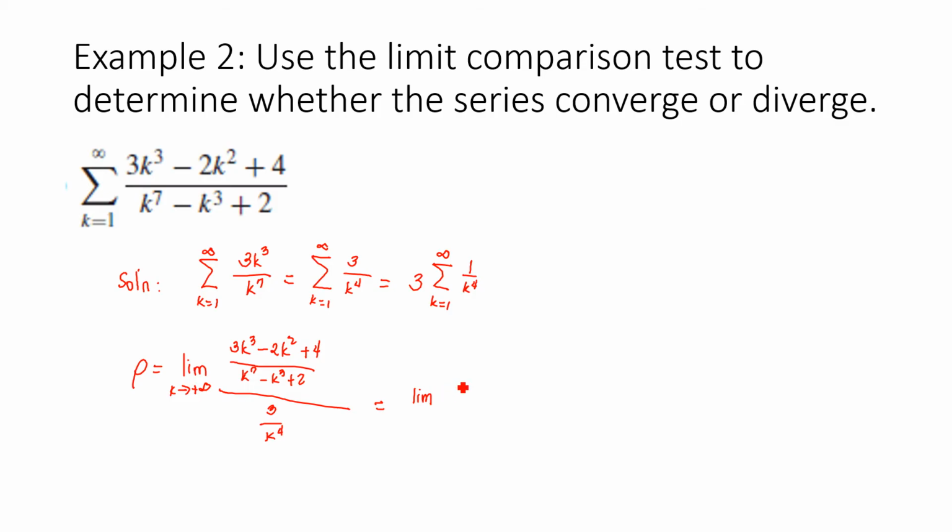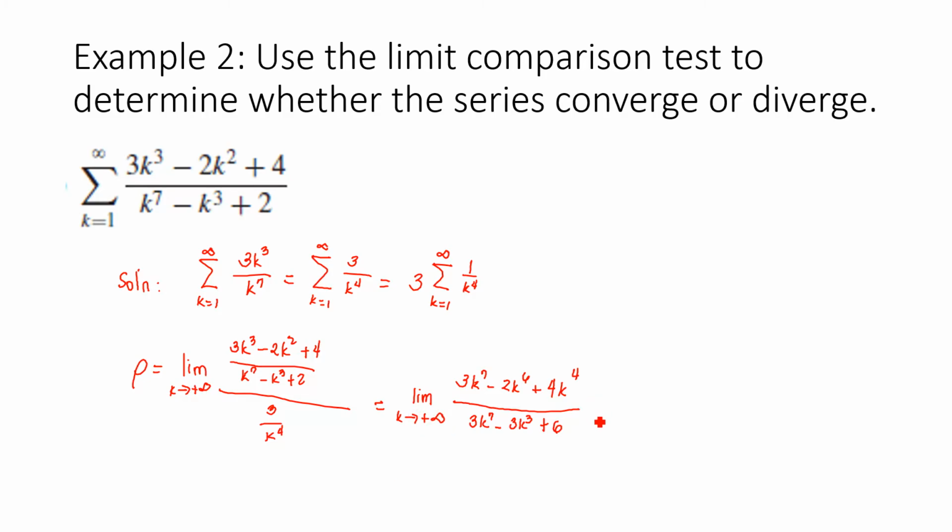So that is 3k^7 minus 2k^6 plus 4k^4 all over 3k^7 minus 3k^3 plus 6 as k approaches positive infinity.